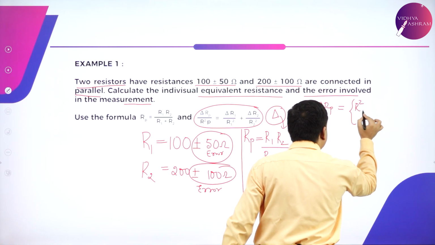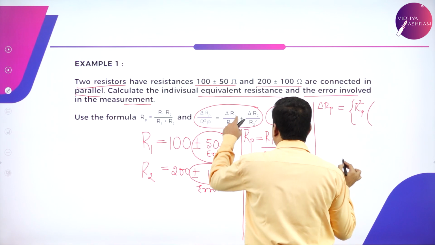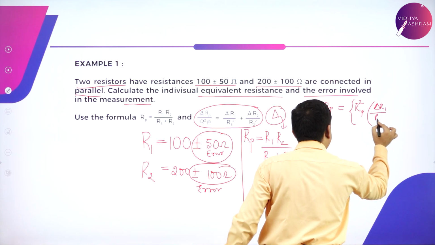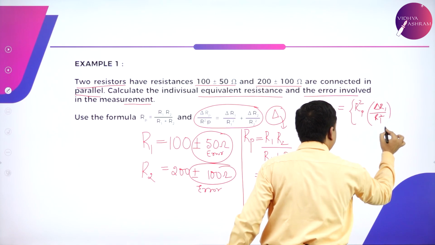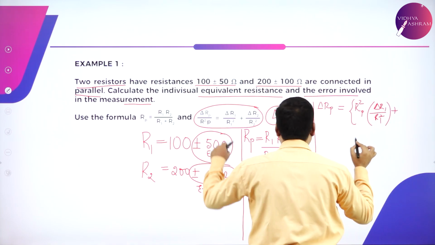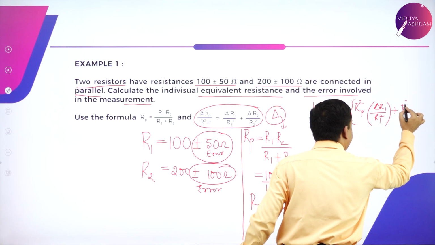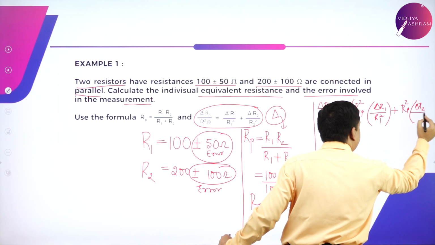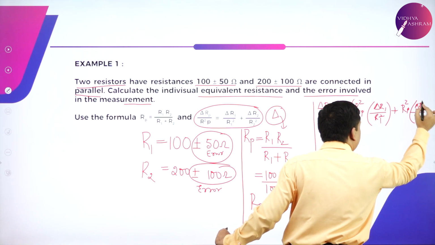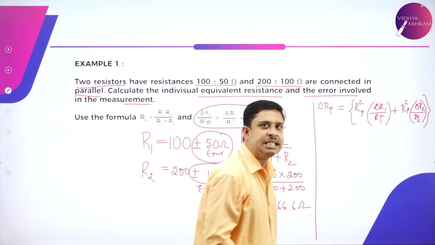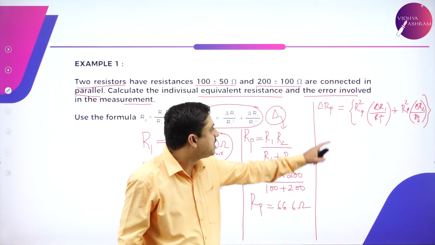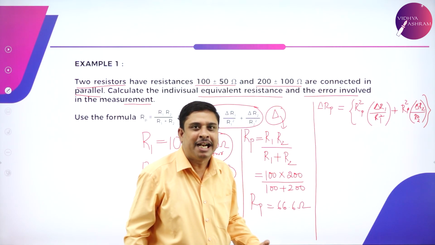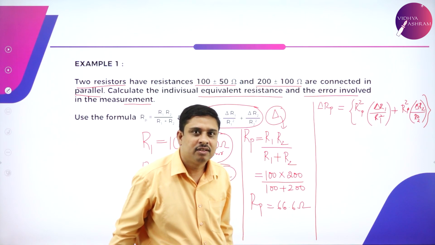So, RP square into delta R1 divided by R1 square plus, again, RP square into delta R2 divided by R2 square. I have just rearranged the terms so that I want error. Delta RP, that is what I want on the left hand side.